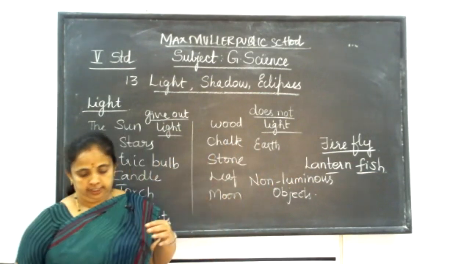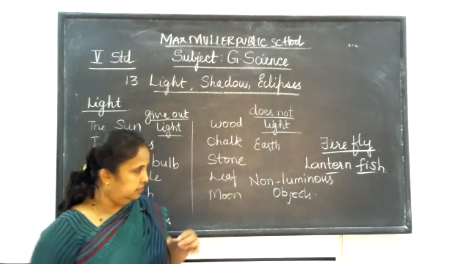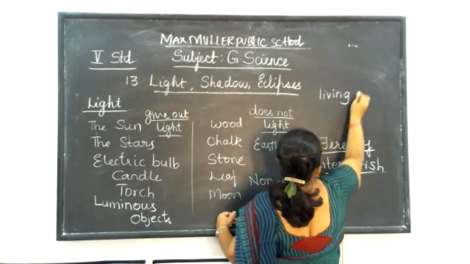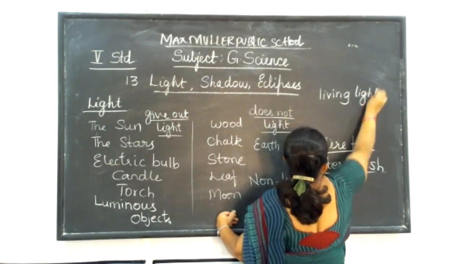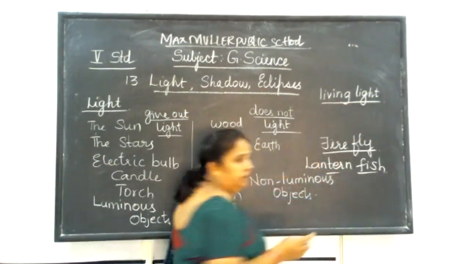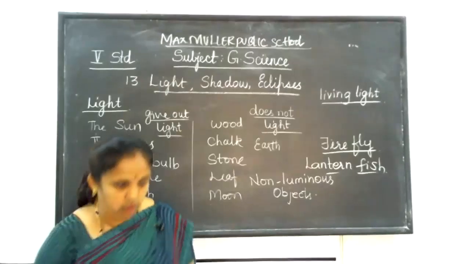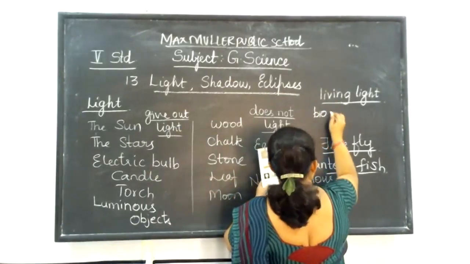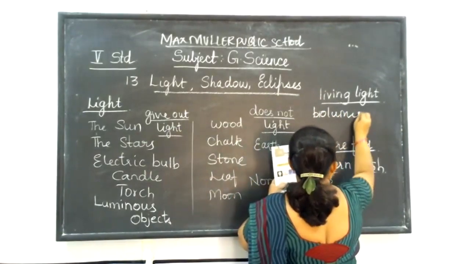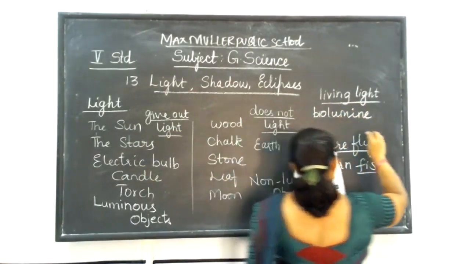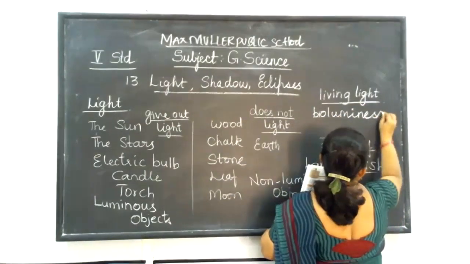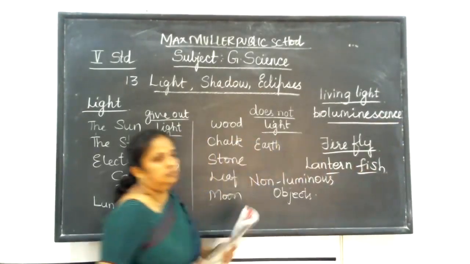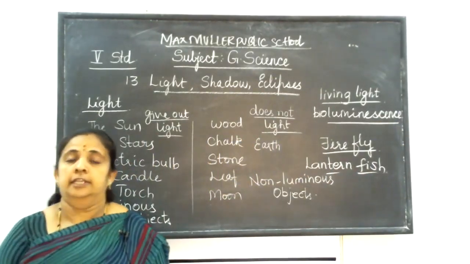So what do we call the light produced by these animals? It is called living light, or it is also called bioluminescence.